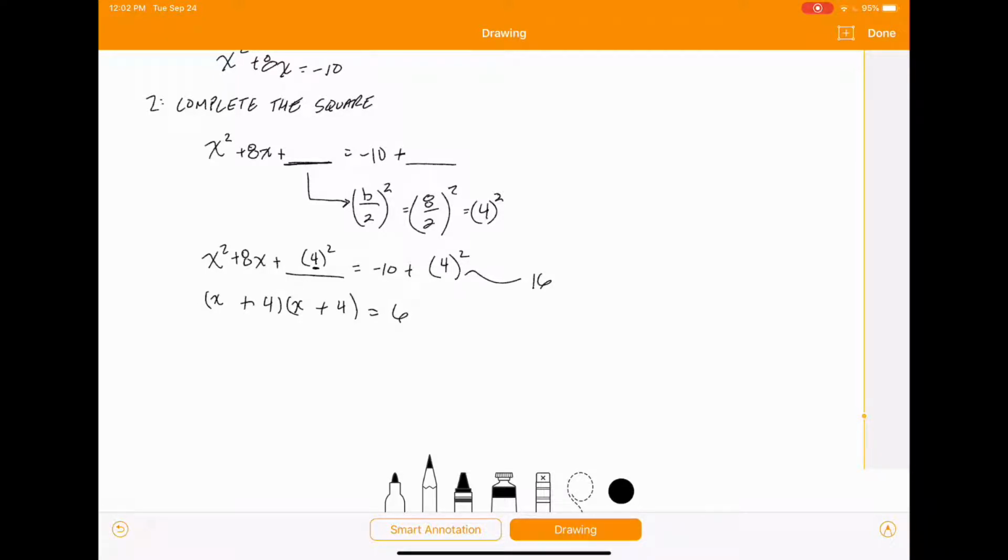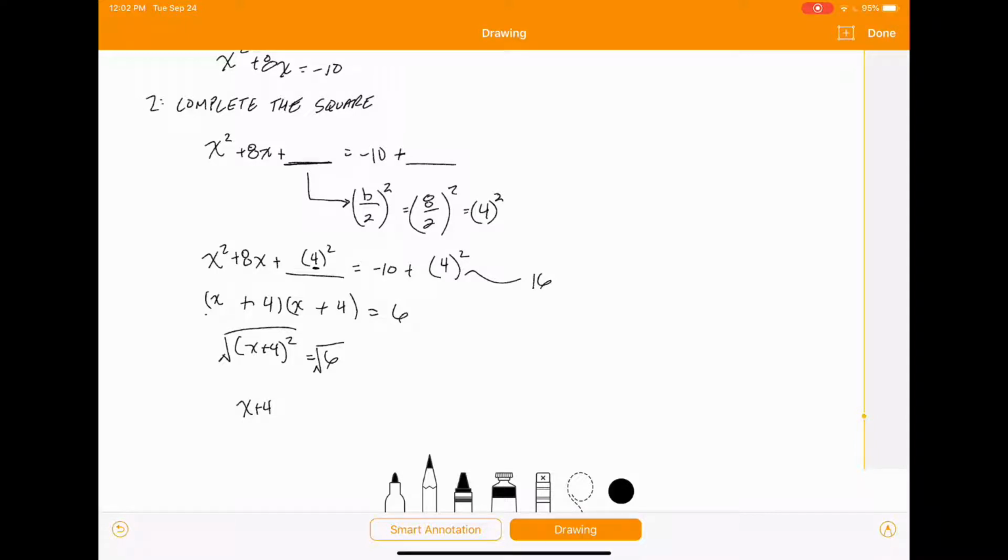So we're going to rewrite this. We've got 2x plus 4, so we can rewrite it as x plus 4 squared equals 6. Again, to get rid of that square, we're going to take the square root of both sides. So we're going to be left with x plus 4.